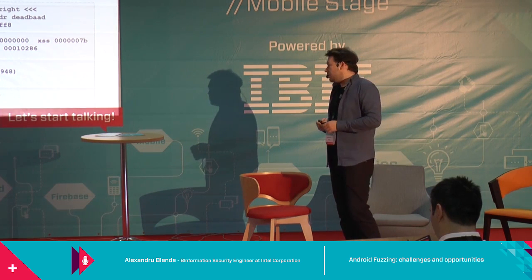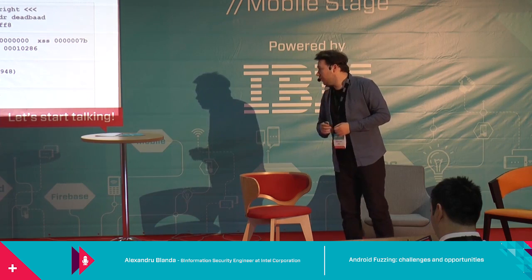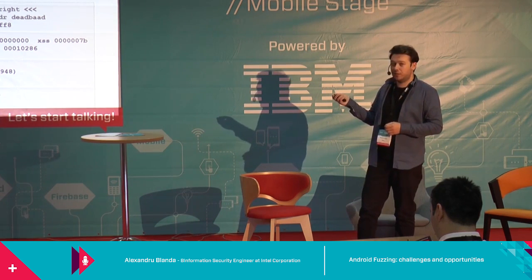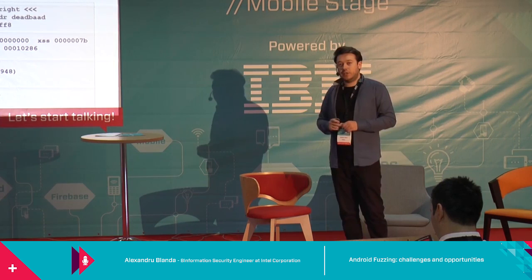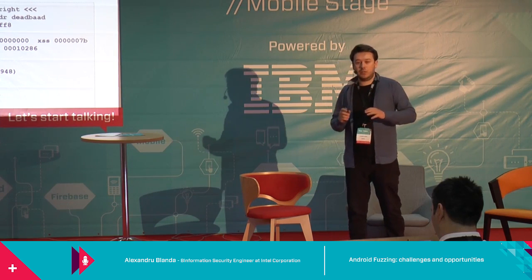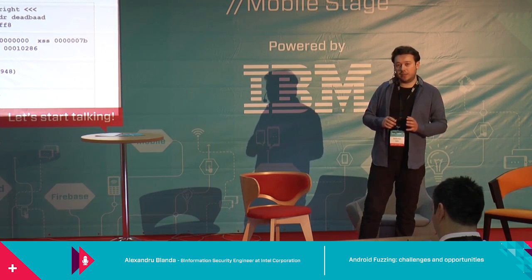What is of interest to us is the program counter of the last entry in the backtrace. We can take that value and uniquely identify a crash by that value.